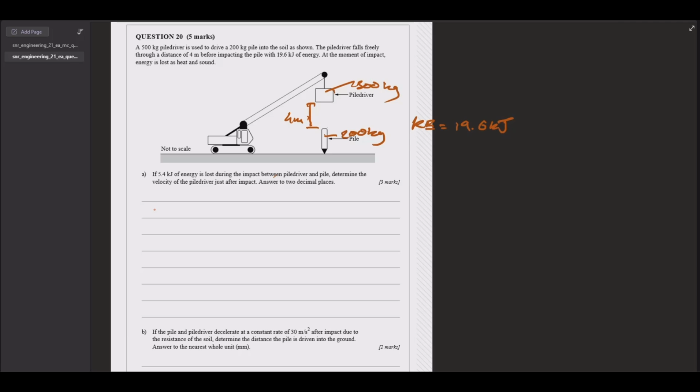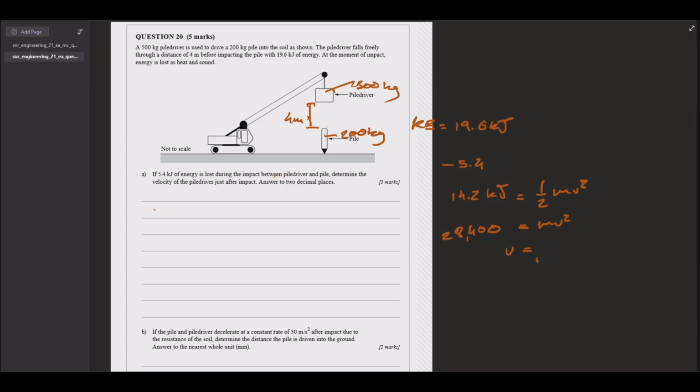Alright. So first of all, let's take 5.4 off this. That's going to be 14.2 kilojoules. It's going to be equal to half mv squared. So 2840. Oh, not quite. But yeah. 400 times mv squared.